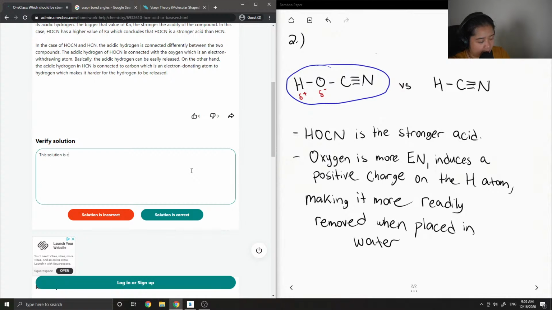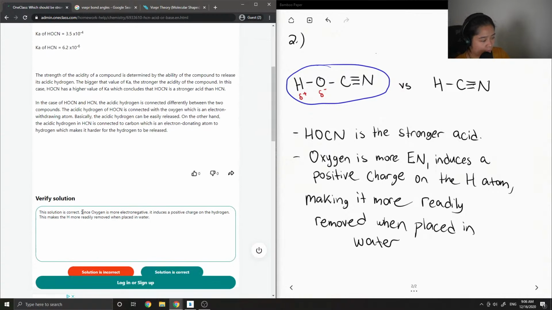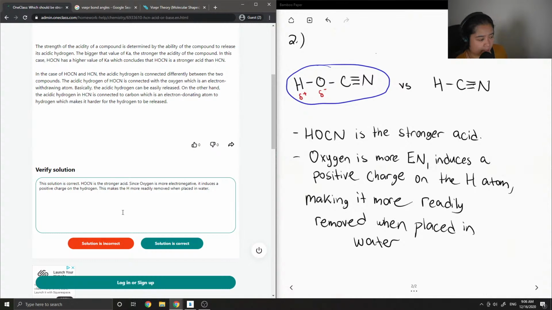So this solution is correct. Okay, so I just kind of rewrote what I said already.